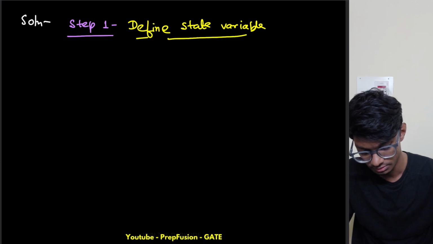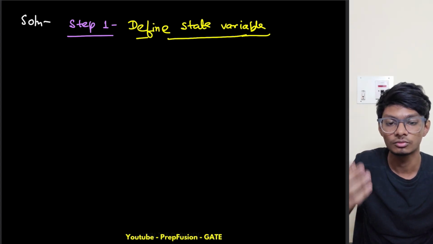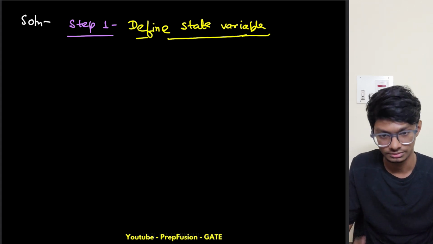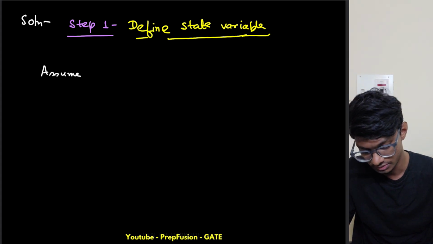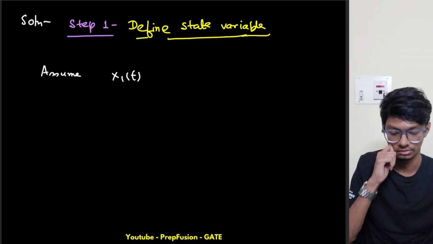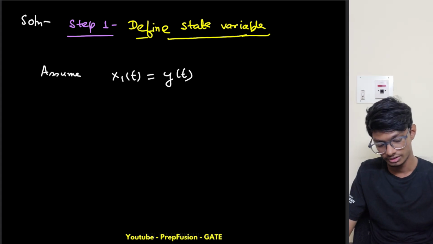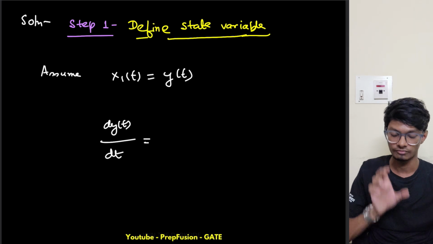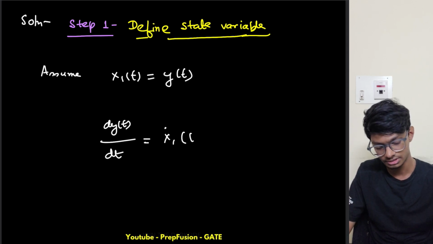define state variables. Now what do I mean by a state variable? Something that can change the state of the system. In the first method, we assume x1 as the first state variable, which equals the output itself, y(t). Now we differentiate our output, dy(t)/dt, and we get x1 dot, since differentiation we represent as a dot.